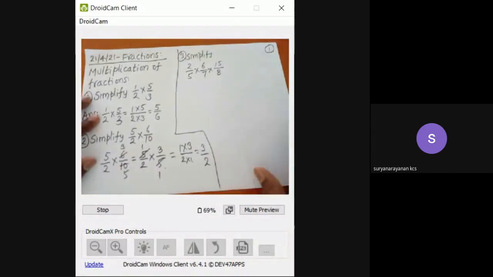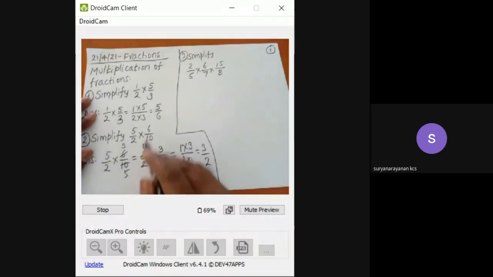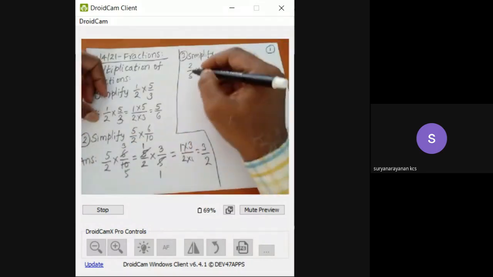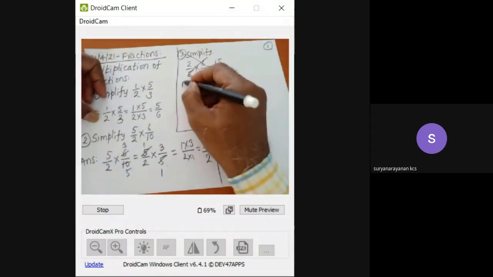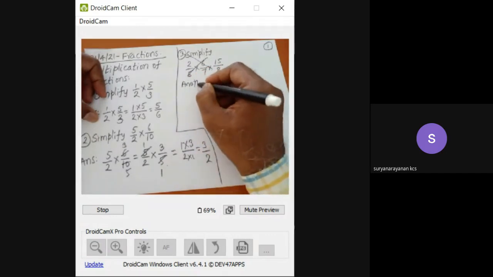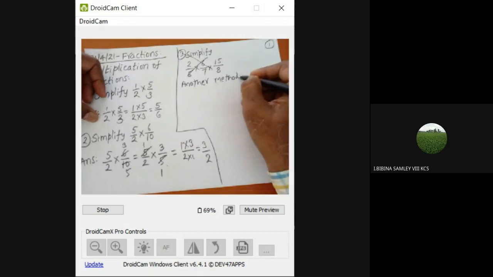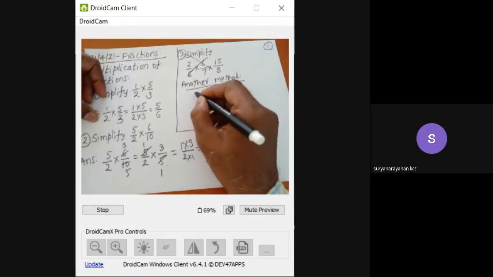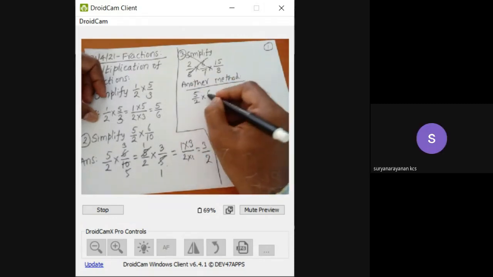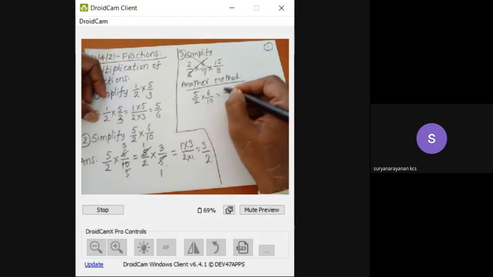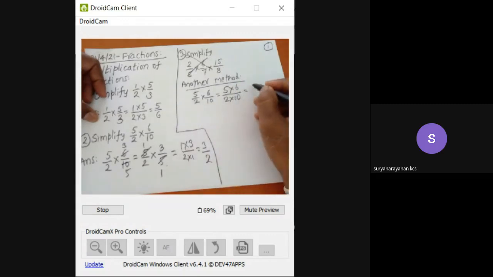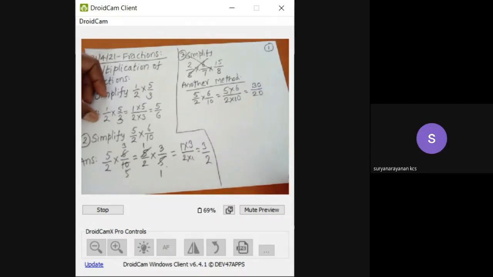Yes, you can follow that method also. If you multiply numerator into numerator, what will you get here? Sir, 30 by 20.